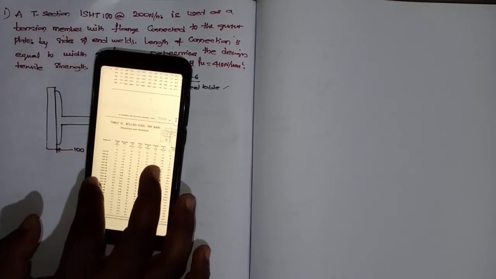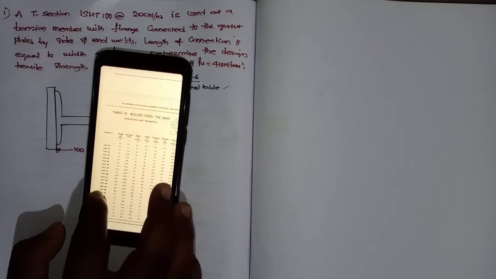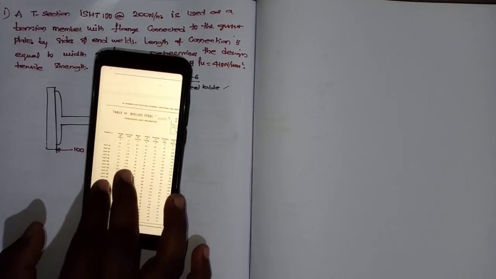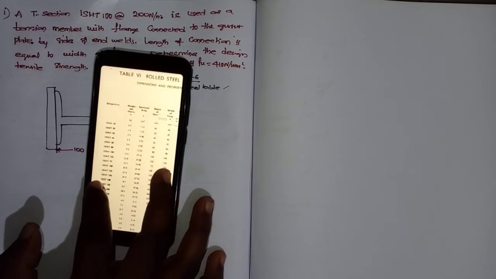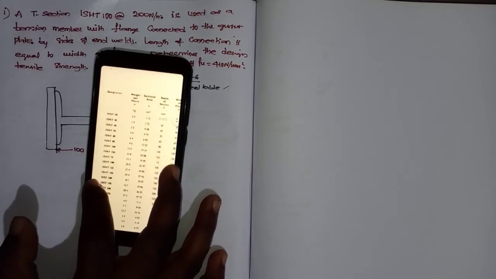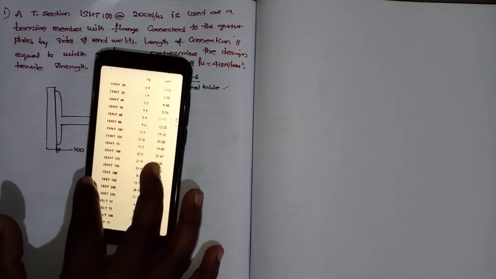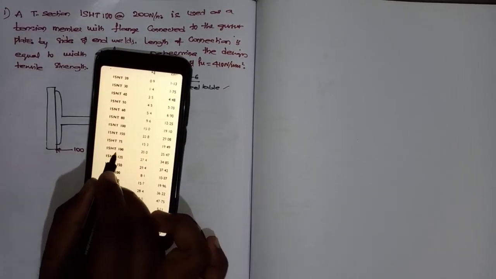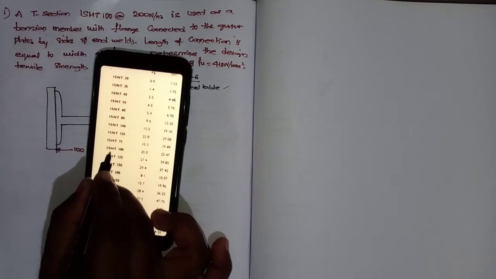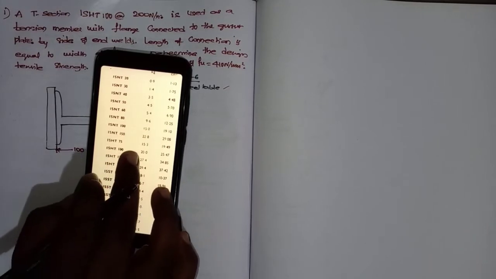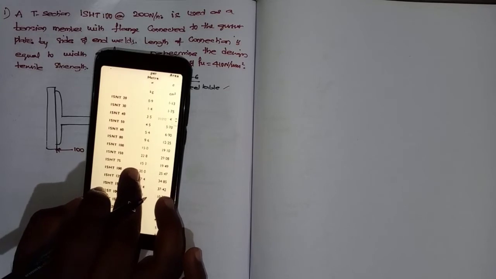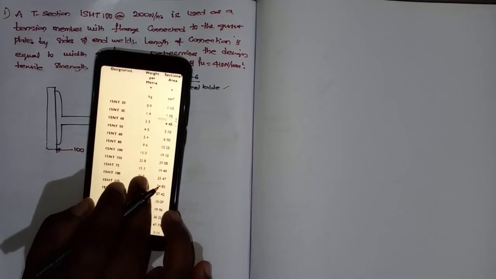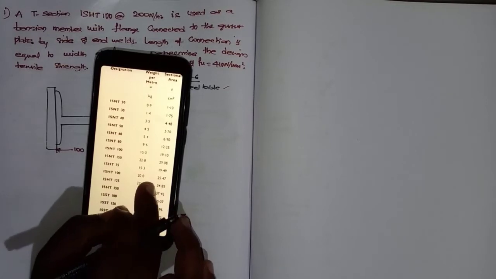These are ISHT 100 at the rate of 200. Please try this one. Now see this portion, ISHT 100 at the rate: weight per meter is 20 kg per meter, that is 200 Newtons per meter, into 10, right?